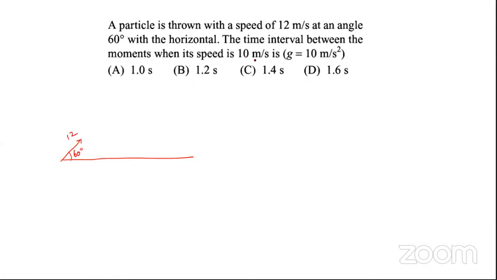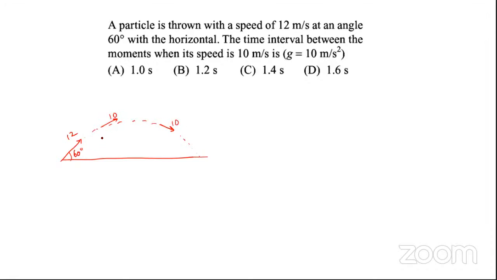Now there are two moments when its speed will be 10. If it covers its projectile like this, then suppose at moments this and this, it has its speed as 10.